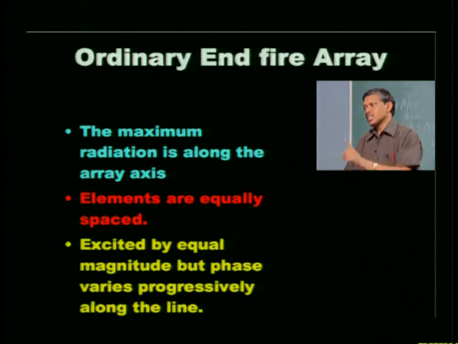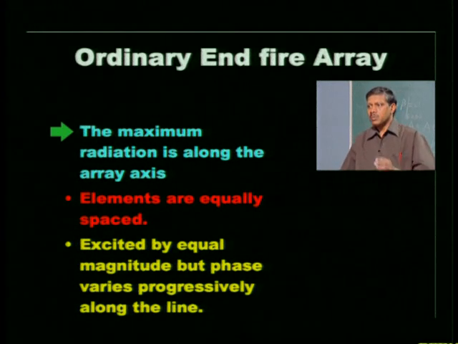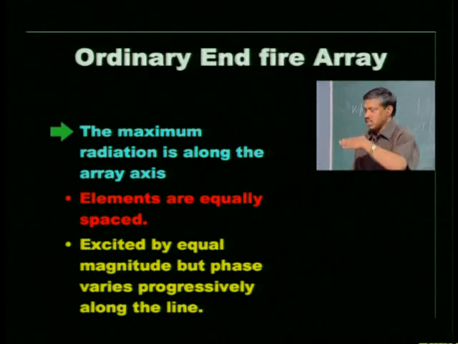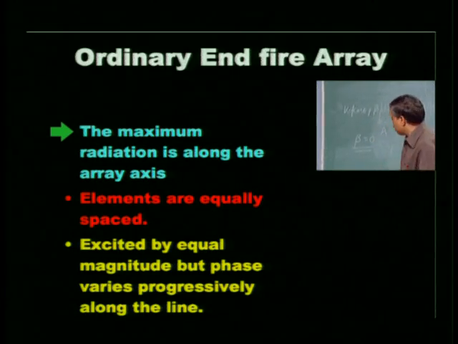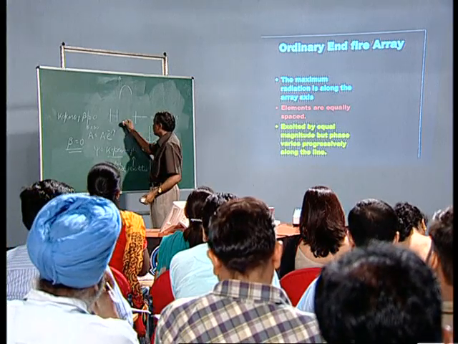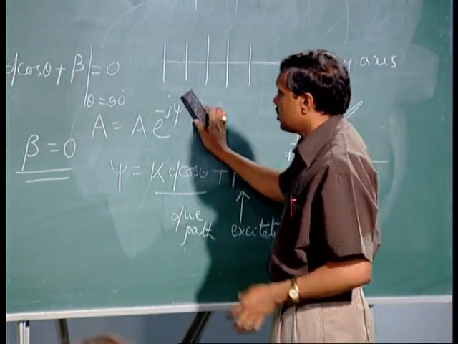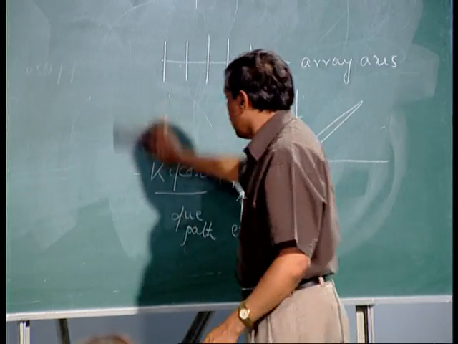The other one is called the Hansen-Woodward conditions array. I will come to that situation. Here the maximum radiation is along the array axis. Like here you had a perpendicular situation, whereas in this case you will have a situation along the axis.